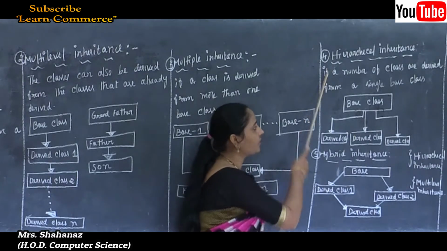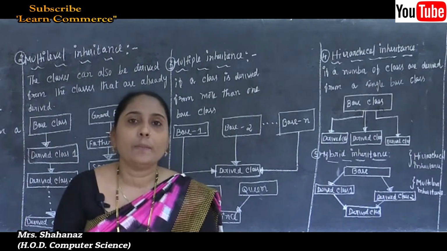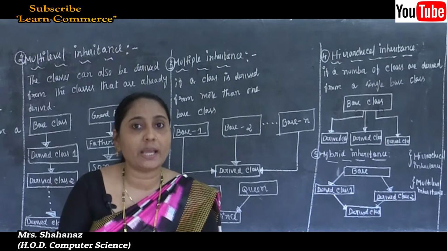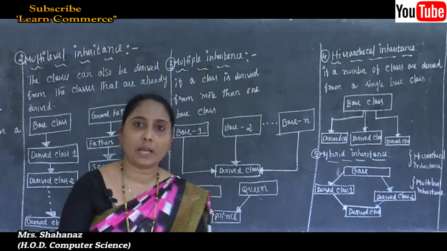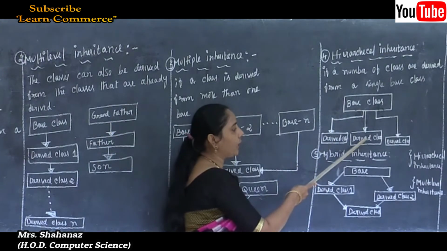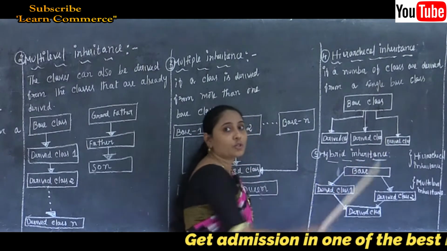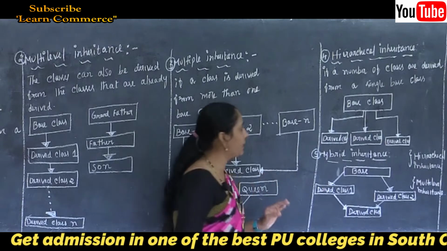So clear this point: hierarchical inheritance means by using one single base class we construct a number of derived classes. Here there is a base class, and derived class 1, derived class 2, derived class 3 and so on. For this I used one simple example.